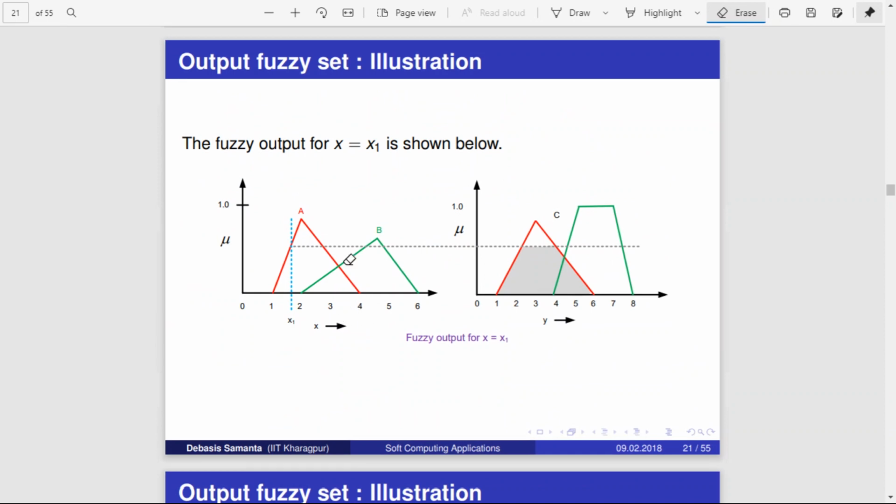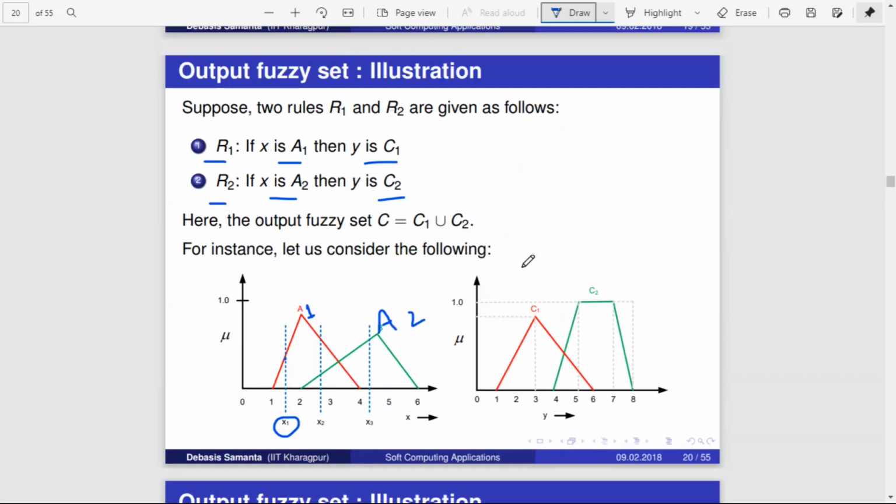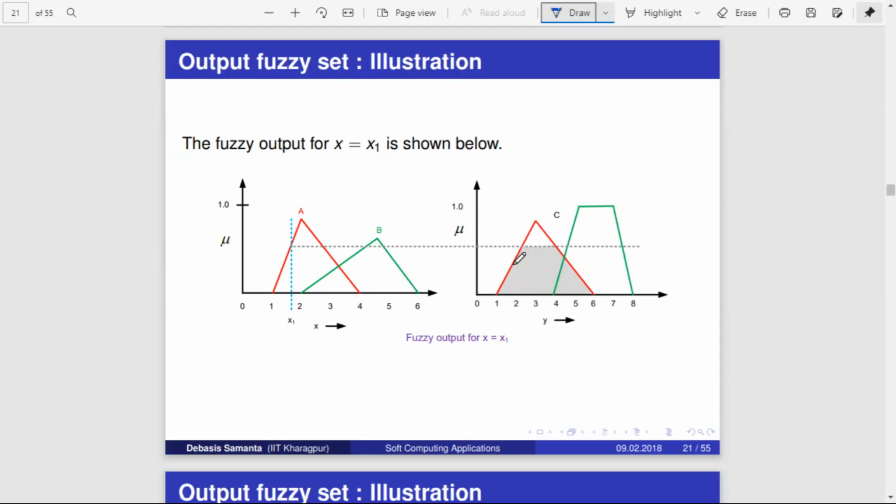This is the case when X is X1, it is cutting here. So it takes any of these values, right? So this fuzzy set will take values from this range.